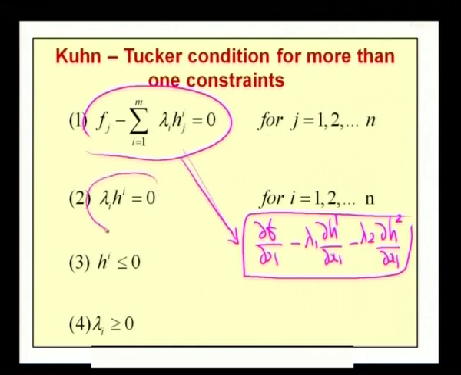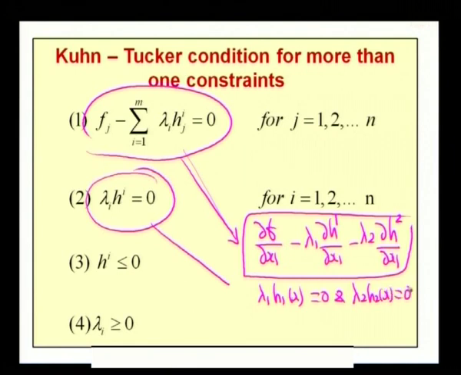The second condition is lambda i into h i equal to 0. For 2 variables and 2 constraints, this becomes lambda1 into h1 of x equal to 0 and lambda2 into h2 of x equal to 0. The third condition, h i less than or equal to 0, becomes h1 of x less than or equal to 0 and h2 of x less than or equal to 0.